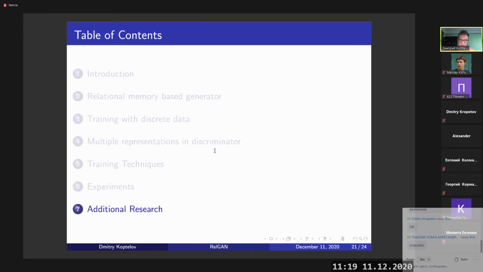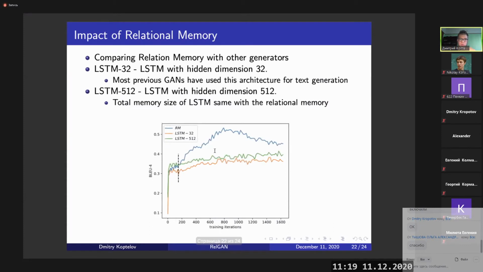And some additional research also showed the importance of each part. There is an impact of relational memory. They compared the relational memory generator with an LSTM with a higher dimension, 32 and 512, as generator.